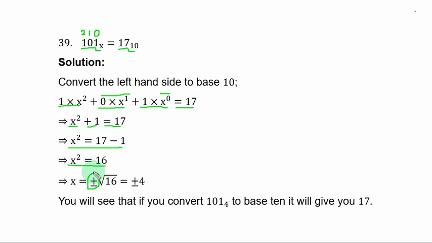So if you take the square root of 16, you have plus minus 4. The base s cannot be negative, hence we take 4. What this means is that if you convert 101 base 4 to base 10, it will give 17 base 10. That is the meaning.